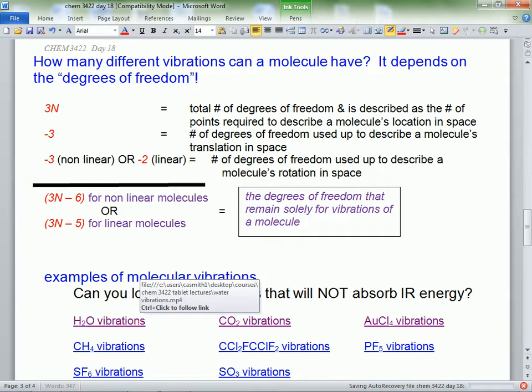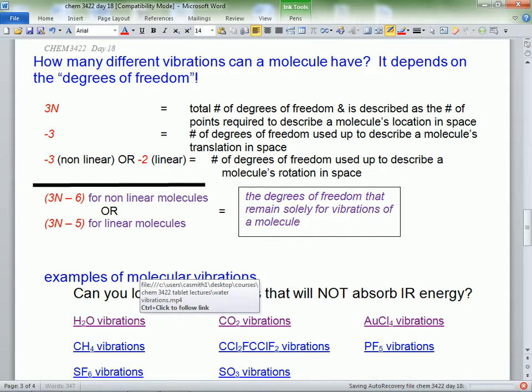Just to describe one atom's location, you need an x, y, and a z. But if a molecule has 3 atoms, then you have x, y, and z for each of those 3 atoms. N is the number of atoms. So 3N is the total number of degrees of freedom.